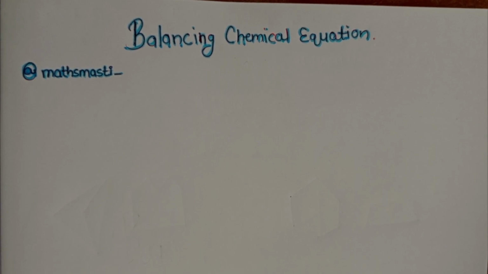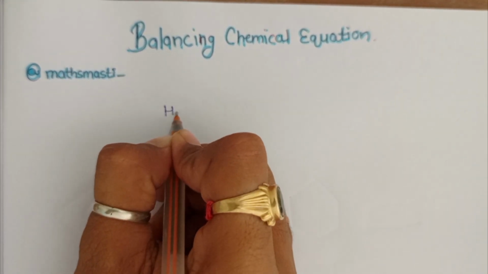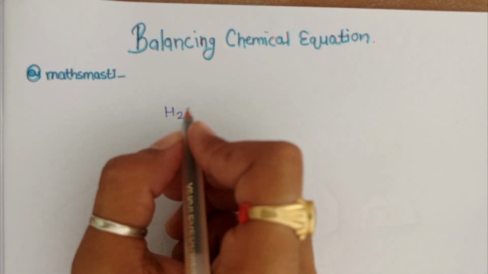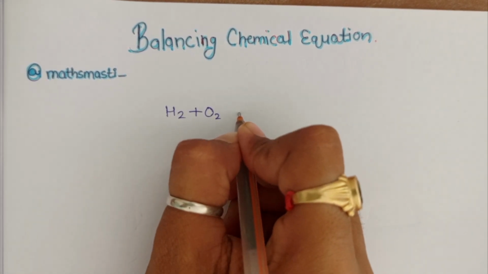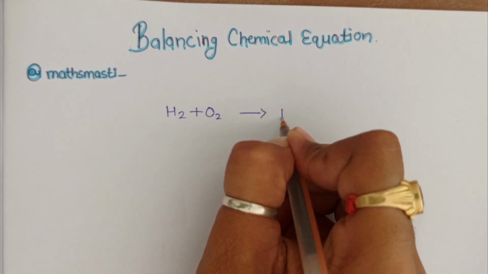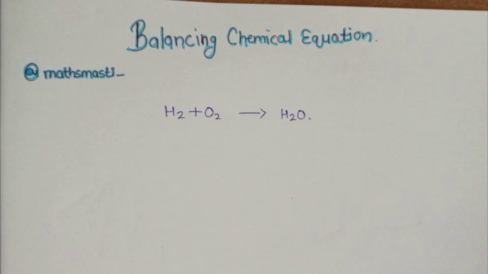First, what is a chemical equation? It's a way to represent what happens in a chemical reaction. So here is an example: H2 plus O2 and the product is H2O.